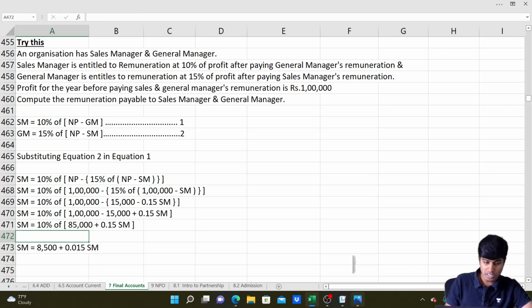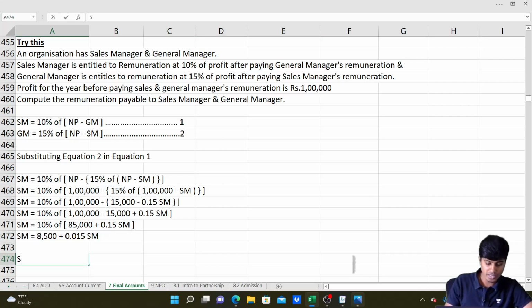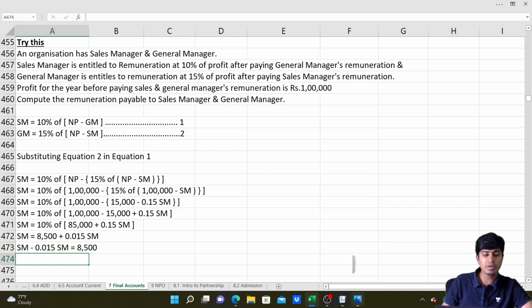So what am I going to do after this? I'm going to send this 0.015 to the other side. Right, SM minus 0.015 SM is equal to 8,500. And by doing this, I'll get 1 minus 0.015 is 0.985. 0.985 SM is equal to 8,500.